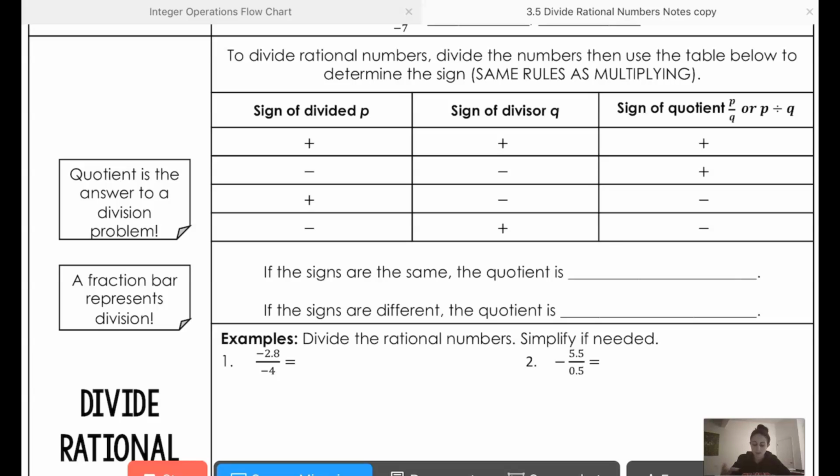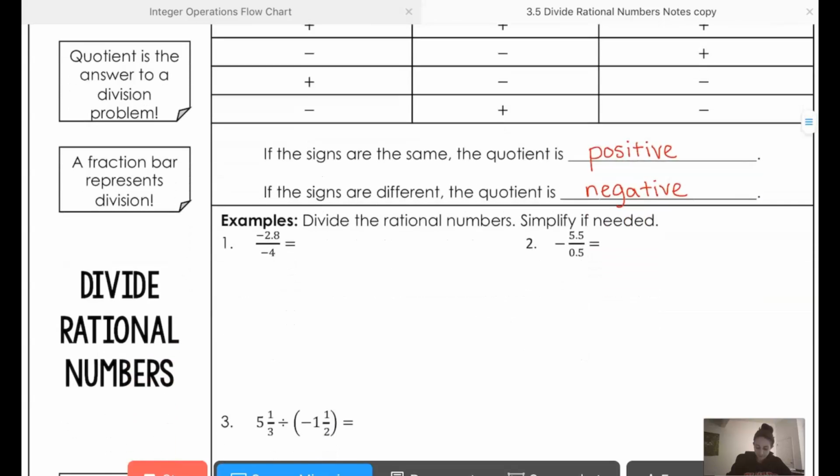And if we have a negative divided by a positive, it's a negative. So if the signs are the same, the quotient is positive. If the signs are different, then the quotient, or answer, is negative. So same rules as multiplying, and the same rules as integers as well. So hopefully we're familiar with it.